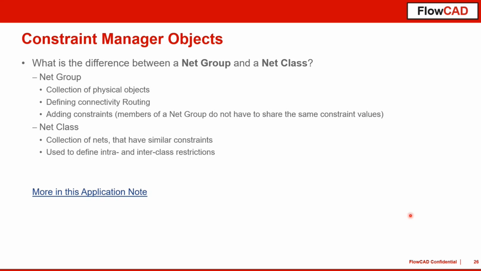Good, constraint manager objects. Quite frequently people also ask: what's the difference between a net group and a net class? A net group is basically a hierarchical element collecting different things together for easier constraining. And the net class is typically used for net class to class relations. So that's basically the difference between these two objects.